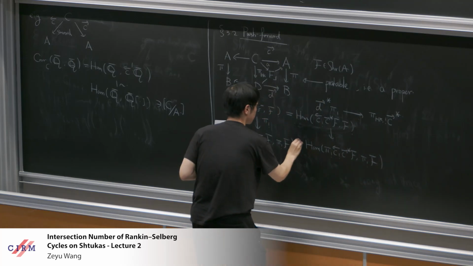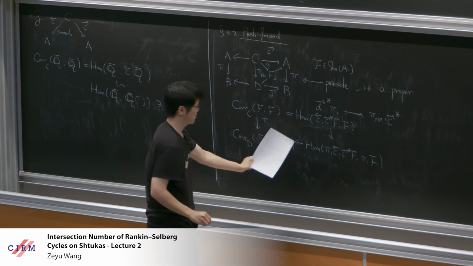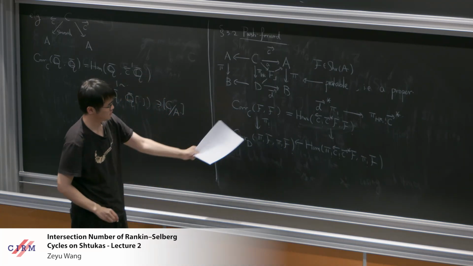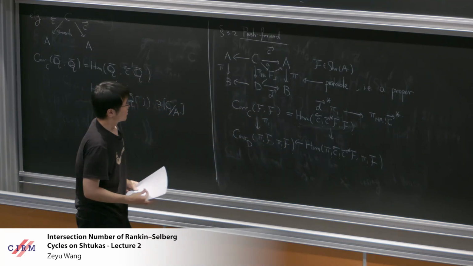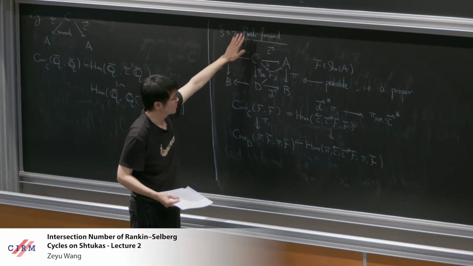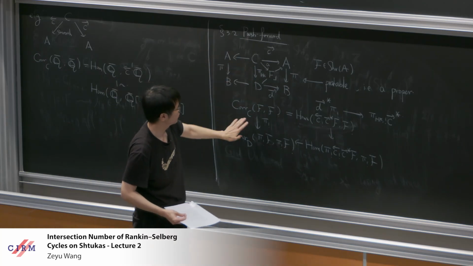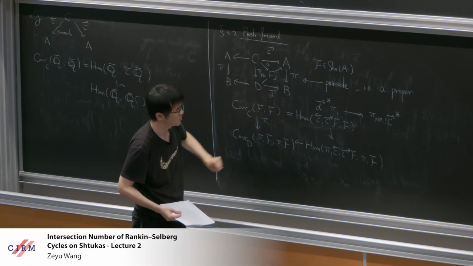Then using this map, you will see that there's a natural map here. It's some kind of construction of a new cohomological correspondence from the old one.